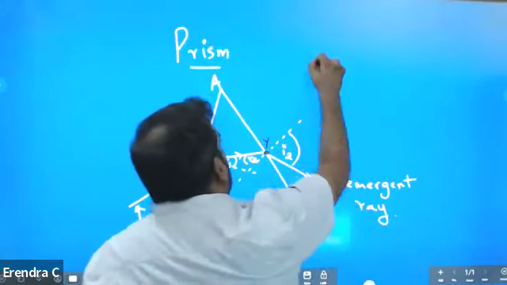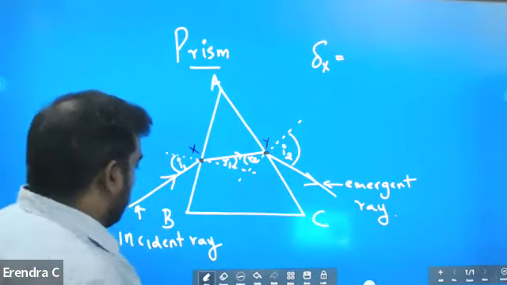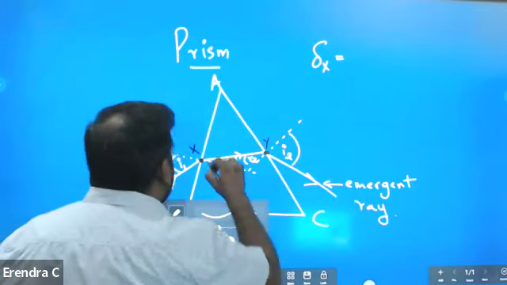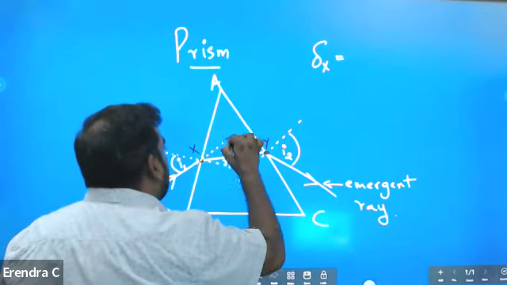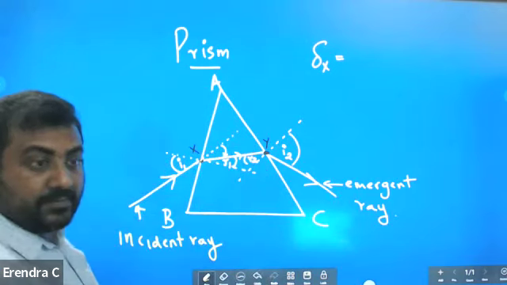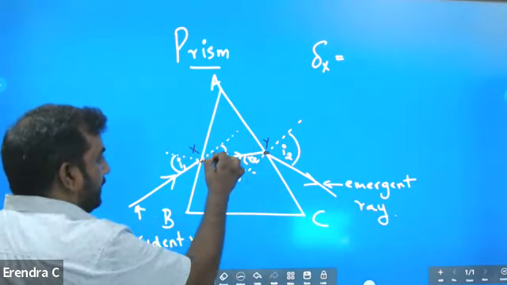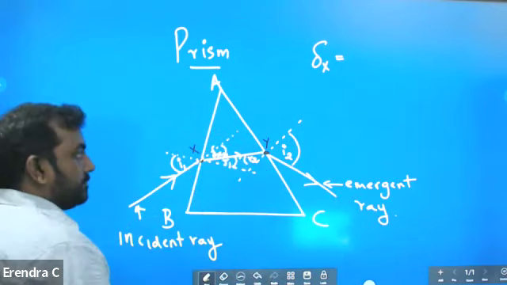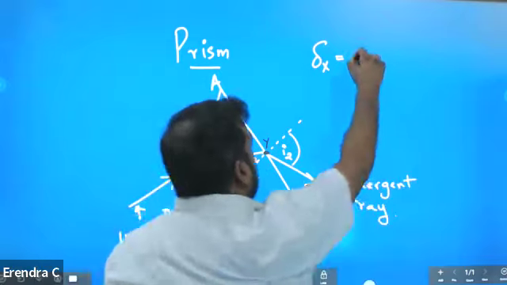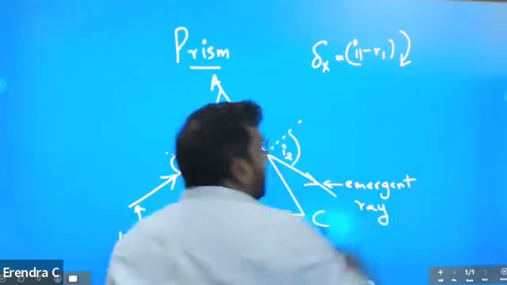Deviation at X: if you extend the ray, vertically opposite angles give I1 here and I1 there, so the deviation is I1 minus R1 in the clockwise direction.